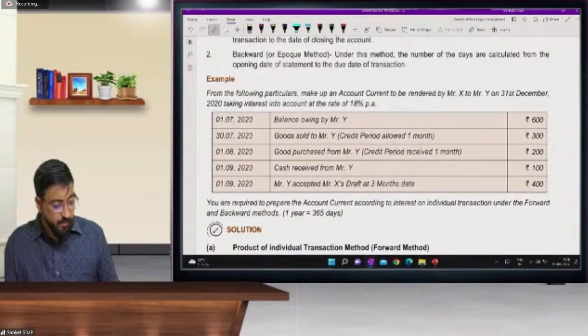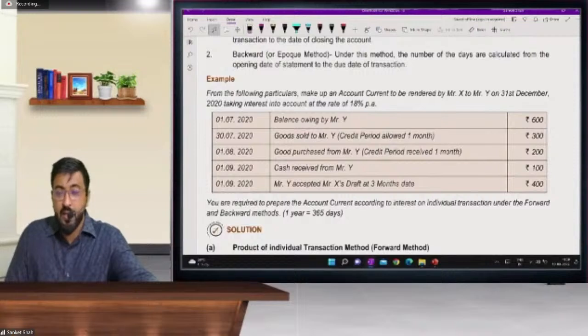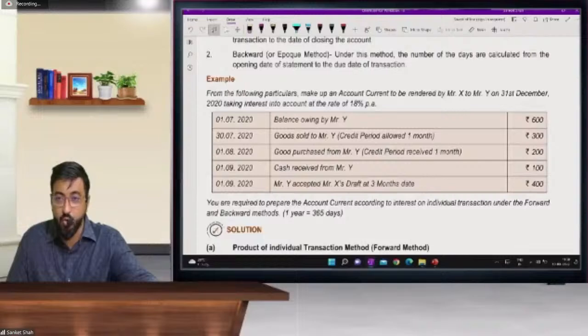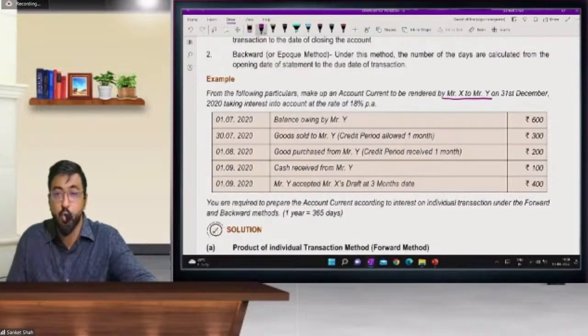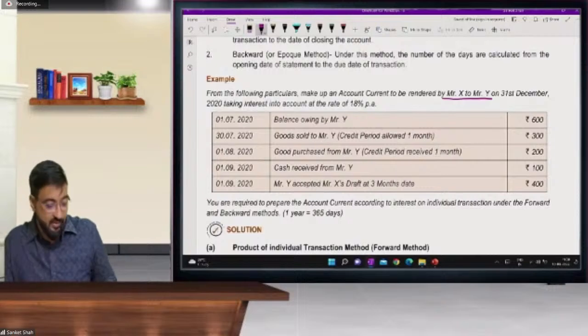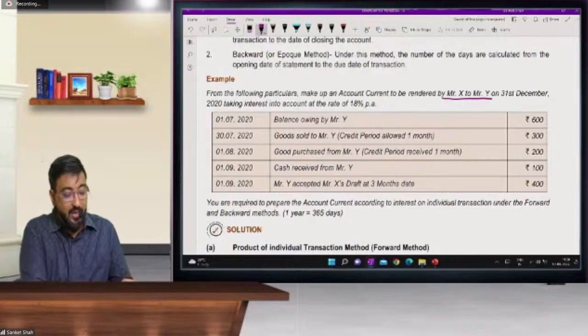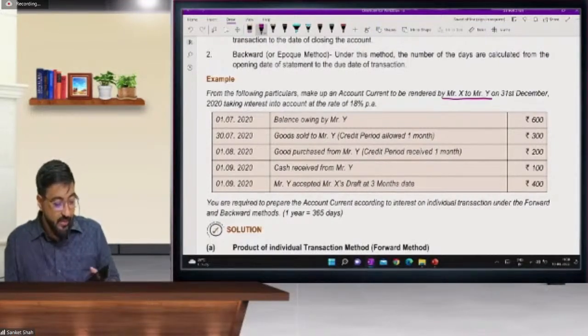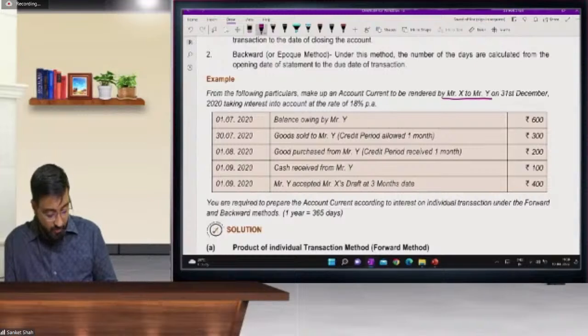It's a very simple question beta. From the following particulars, make up an account current to be rendered by Mr. X to Mr. Y. So how are you going to write this? Tell me in the comment section whether X in account current with Y or Y in account current with X.